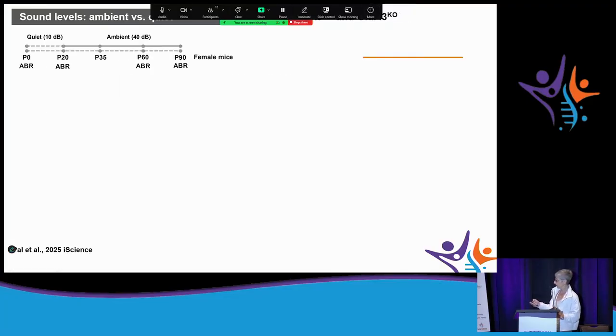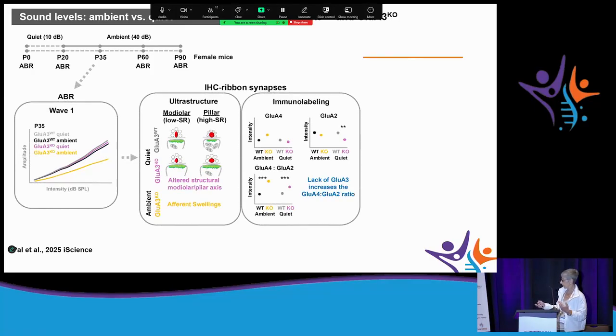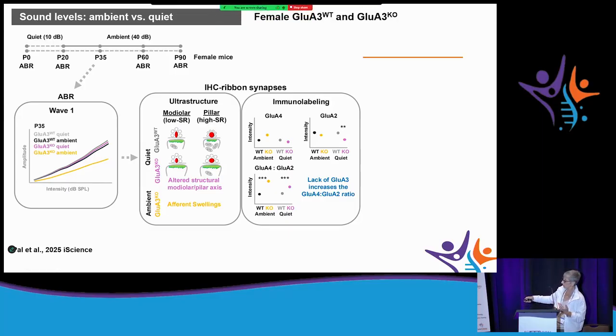So to do the first thing, what we did is to raise the mice, some of them in ambient sound after postnatal day 20, in the same noisy facility, and another group we keep in quiet. And this is just to let you know that at P35, what you see here is the wave 1 amplitude, and the orange represents the KO in the ambient, and here in magenta is the GLUA3 female in the quiet.